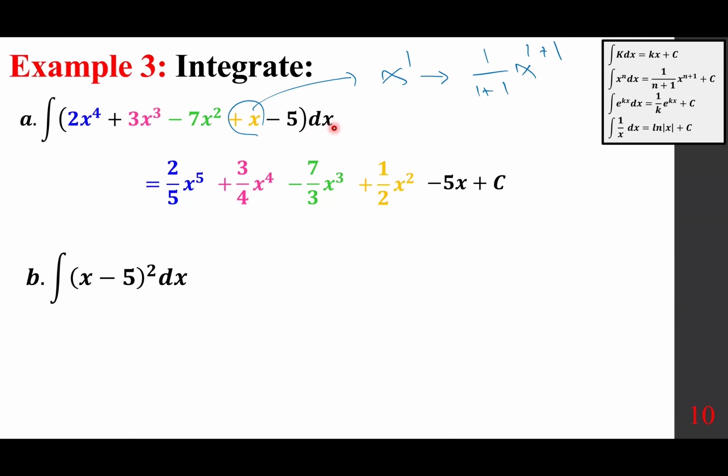The integral of x minus 5 quantity squared dx. You have to raise this to the power of 2 first. That means a minus b squared is used: a squared minus 2ab plus b squared, elementary algebra. We square the x, we get x squared. And then minus 2 times x times 5 is minus 10x. And then b squared, 5 squared is 25.